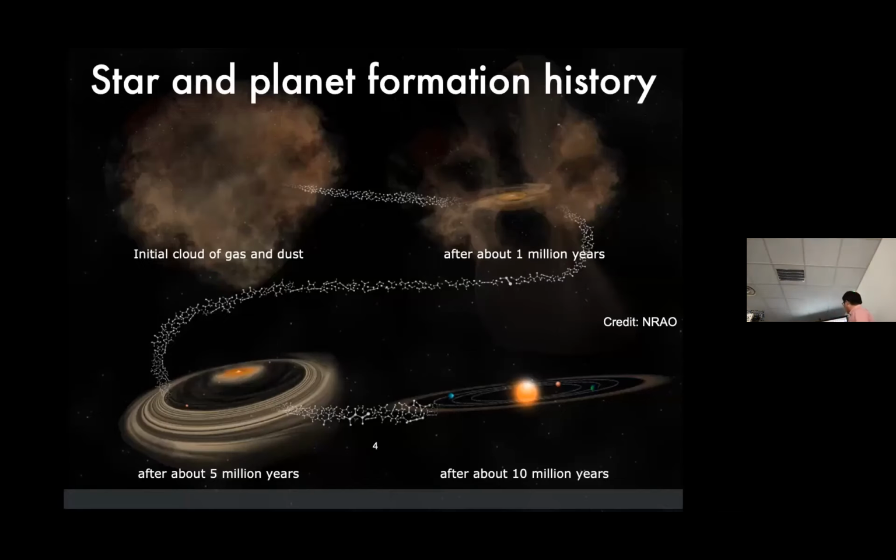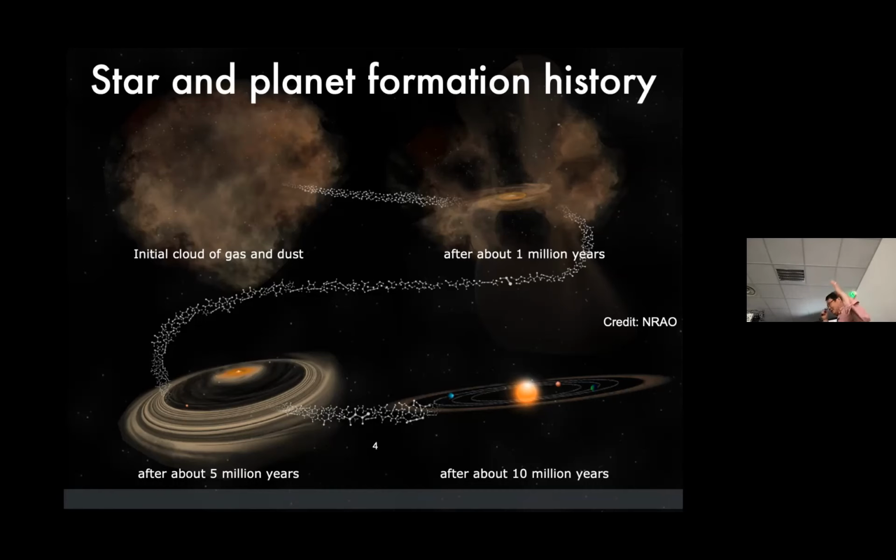So just very quickly, this is kind of an artistic view, as supported by observation, of how we think the planets form. You start with a dusty cloud of gas and dust that's measured, can be seen by Hubble, now can be seen by James Webb.